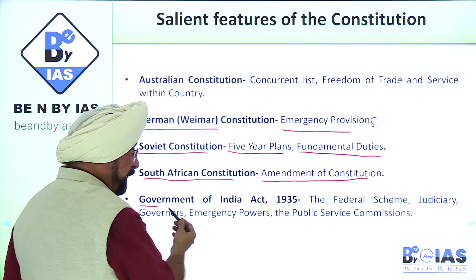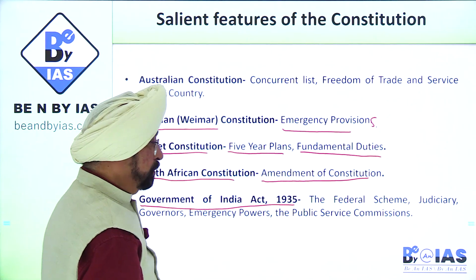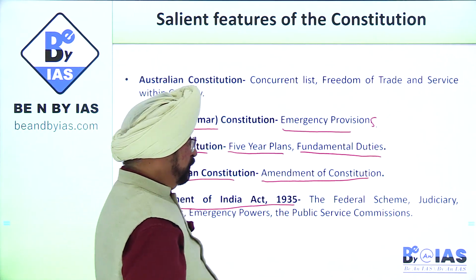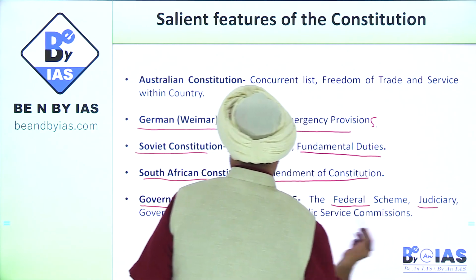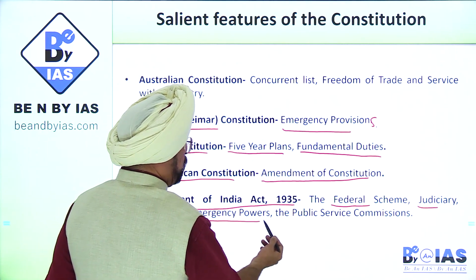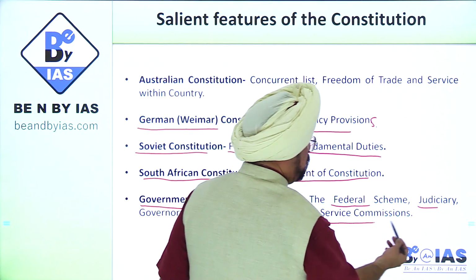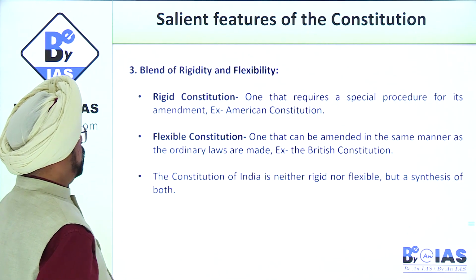Now, the Government of India Act 1935, which I just referred to as a mini constitution of the British time, gave the federal scheme, judiciary, governors, emergency powers, and the public service commissions. Okay, so let's proceed further.